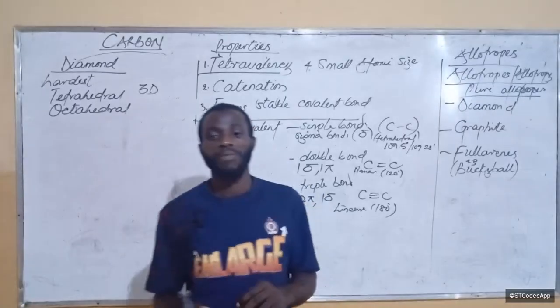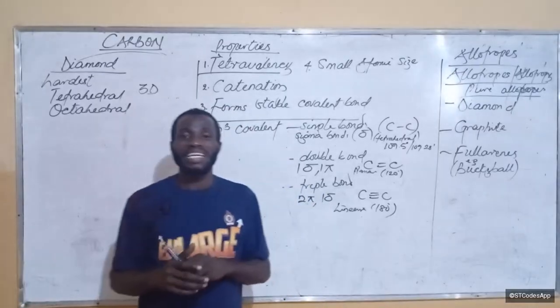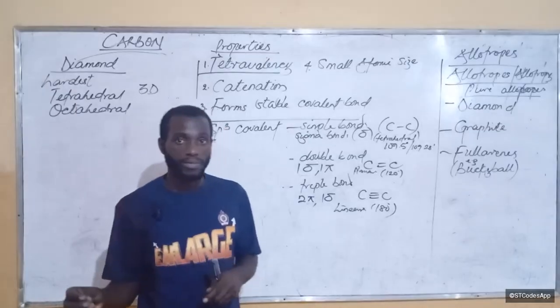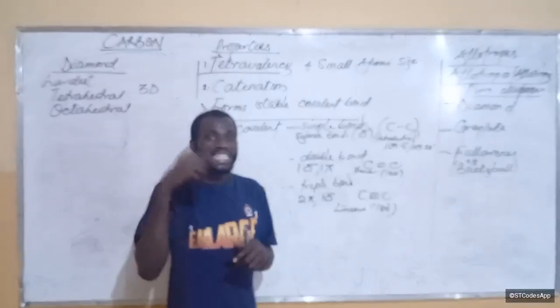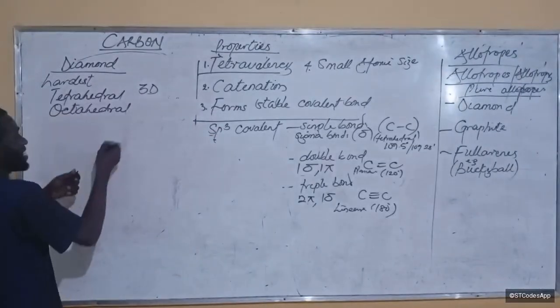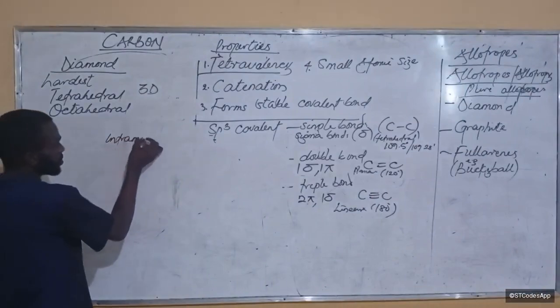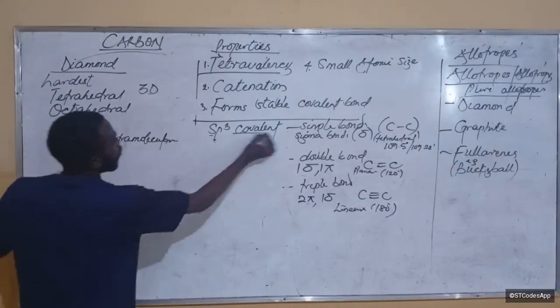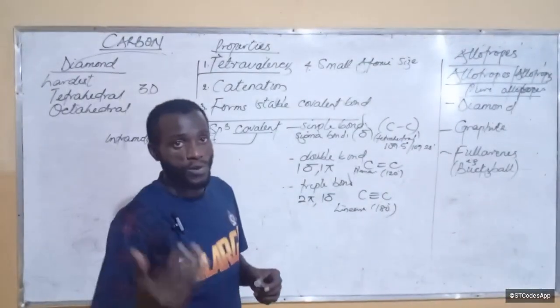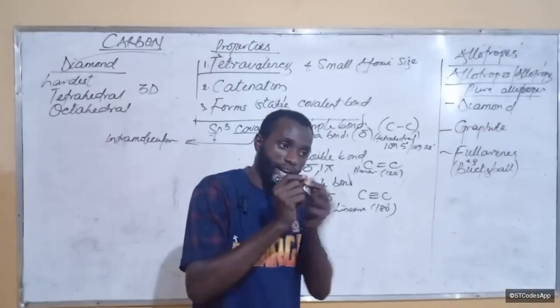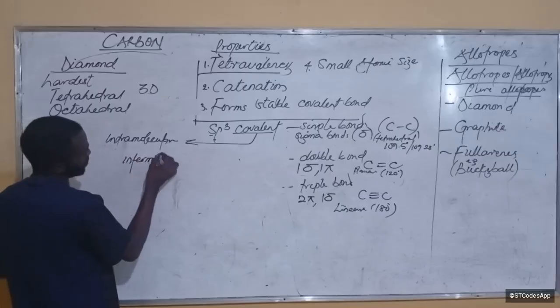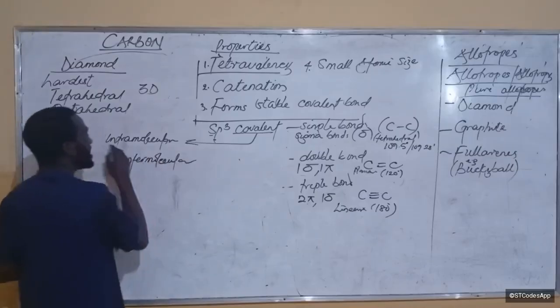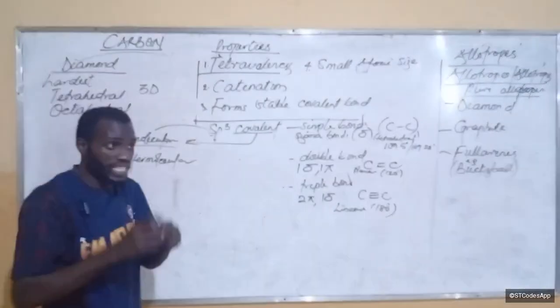Now the thing is, in the natural state of formation of carbon, there are impurities that might form. Inside the carbon we have intramolecular forces, and those intramolecular forces are the covalent bonds. But during the natural process of forming carbon, impurities might come in. Those impurities will create intermolecular forces that are quite weaker than the covalent bonds within the carbon.